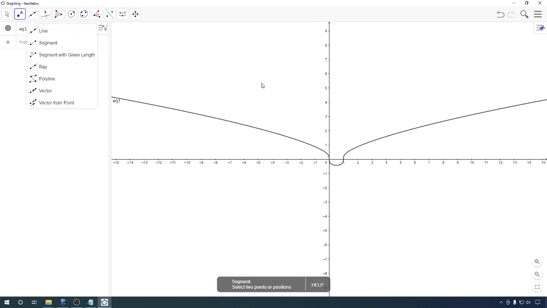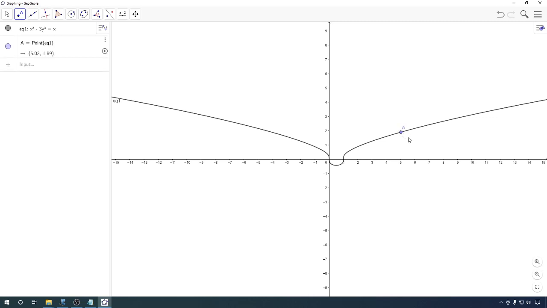If we pick a particular point close to this curve, you can see how GeoGebra changes the cursor here, and it will plot specifically a point on the curve, and we can see that it represents two numbers here. If we were to take those two numbers and try to plug them into our equation, we can see what happens. So we have 5.03 and 1.89.